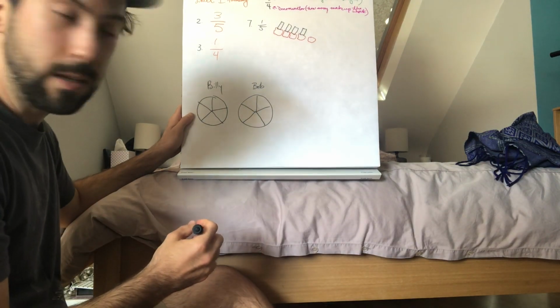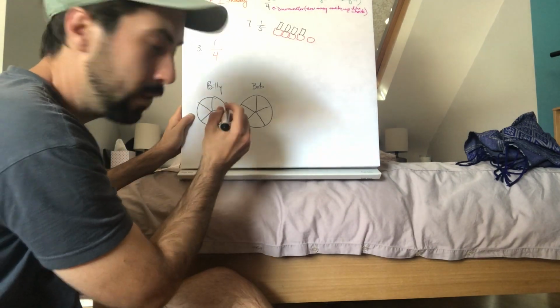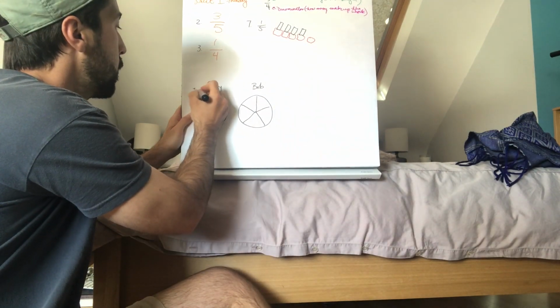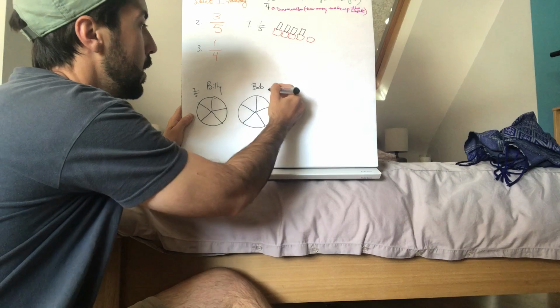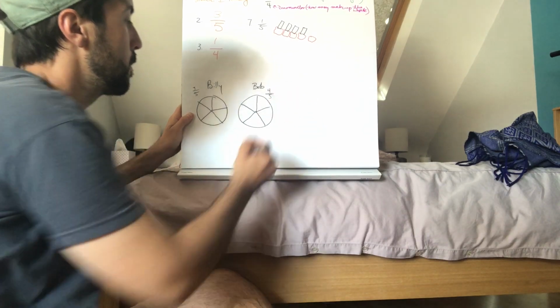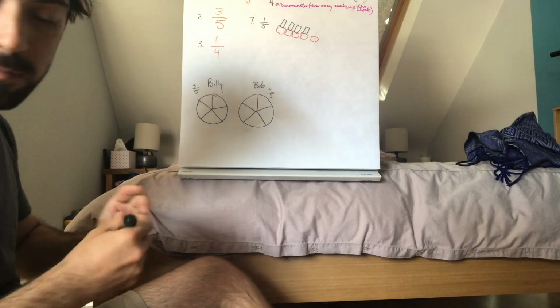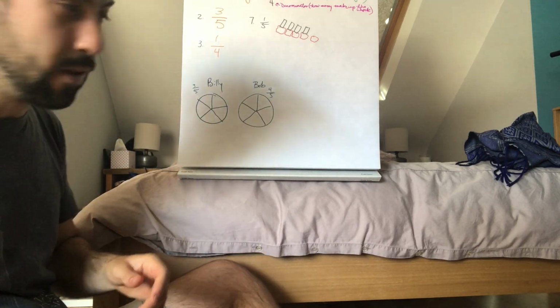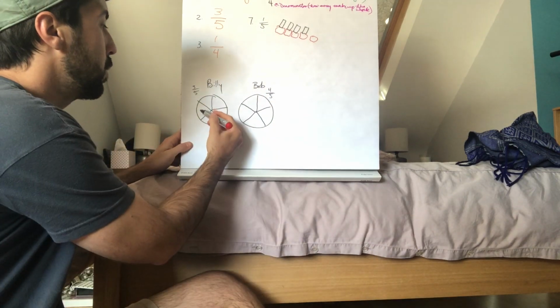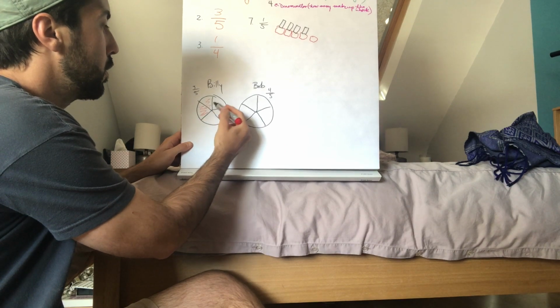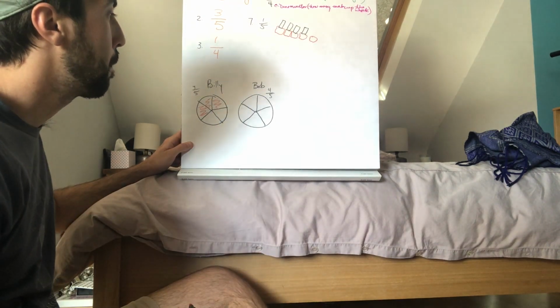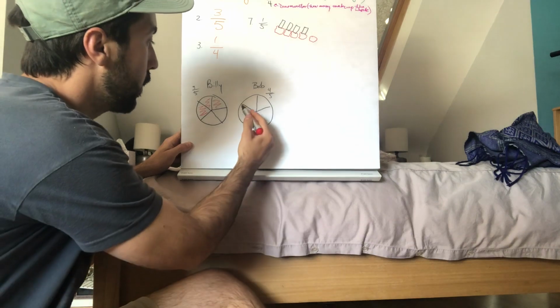Okay, it says Billy ate 3/5. Bob ate 4/5. So, it says who ate the most. I reckon we can figure that one out. Billy ate 3/5. He would have eaten 1, 2, 3. Bob ate 4/5.